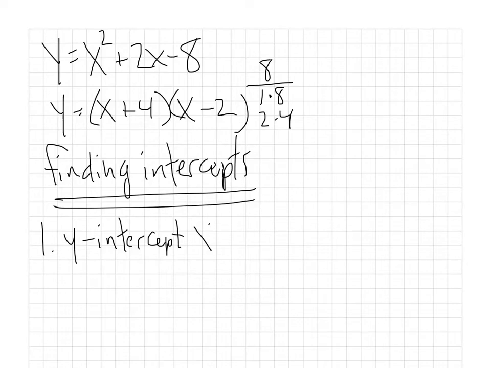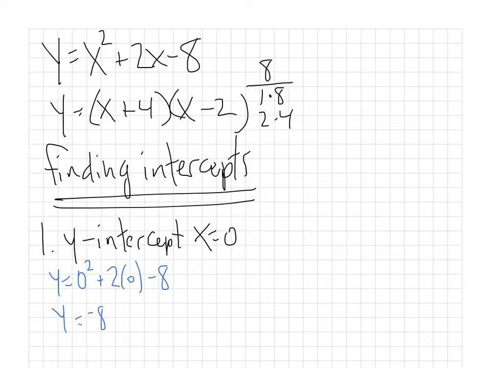It's where x equals 0. I have two forms. I'm going to do it in both of them. Let's start with this one. It's going to be y equals 0 squared plus 2 times 0 minus 8. y equals negative 8.